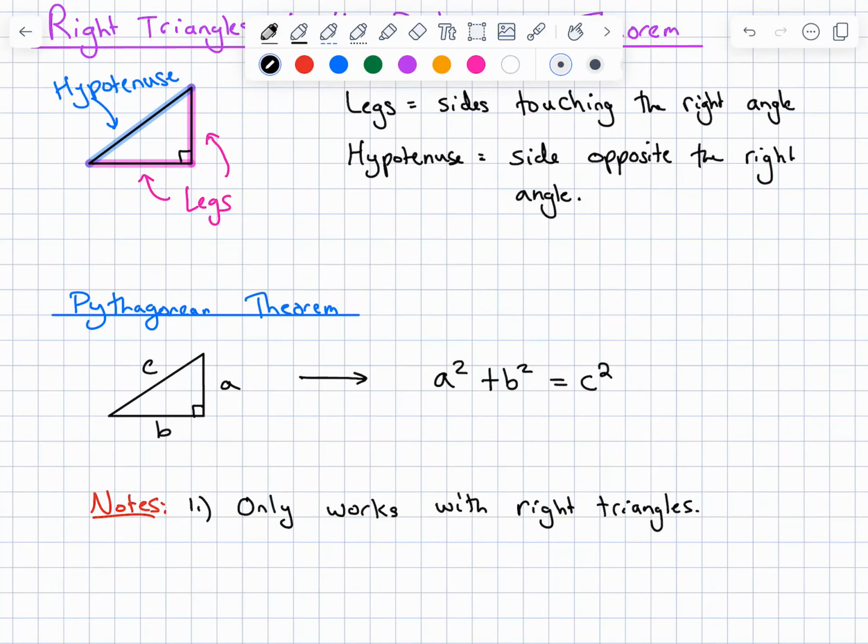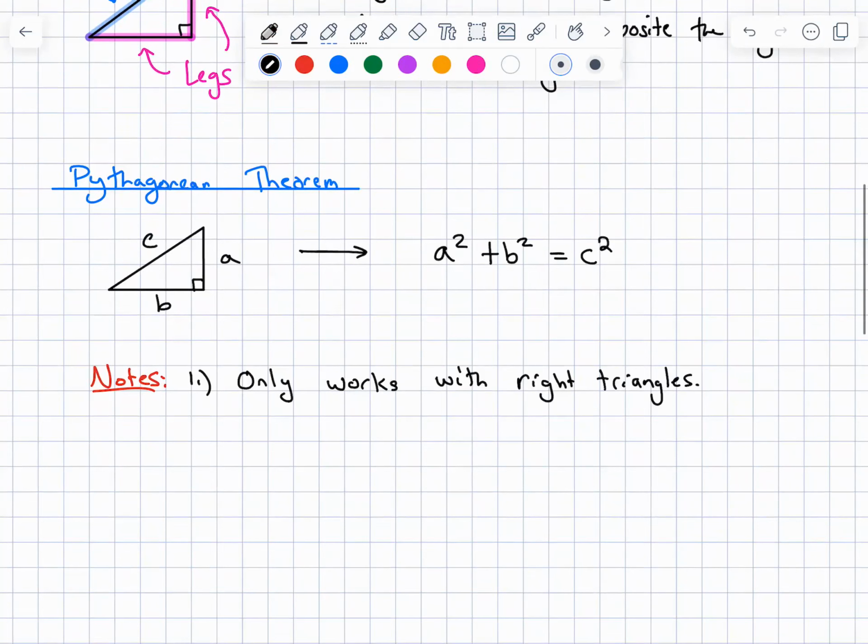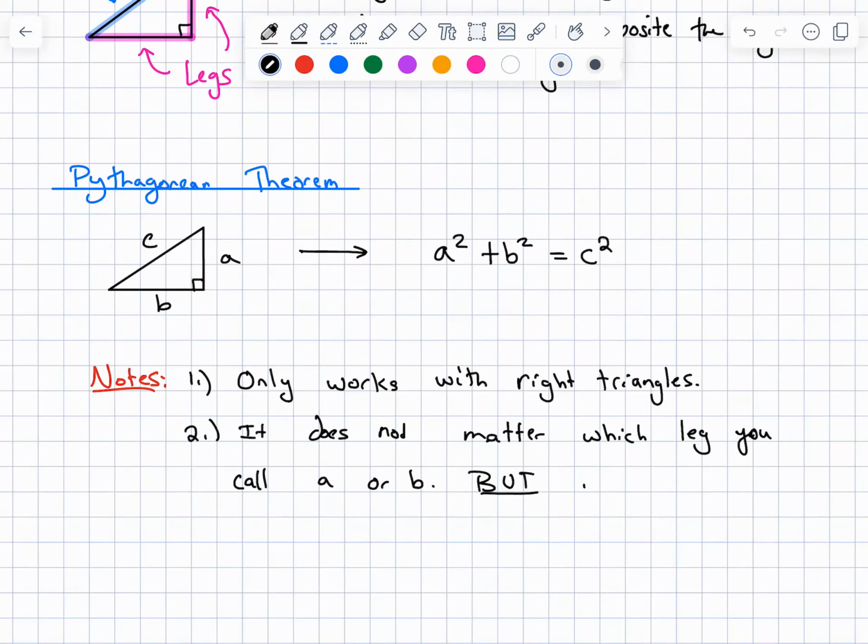The other important note is that it does not matter which leg you call A or B, but C is always the hypotenuse.